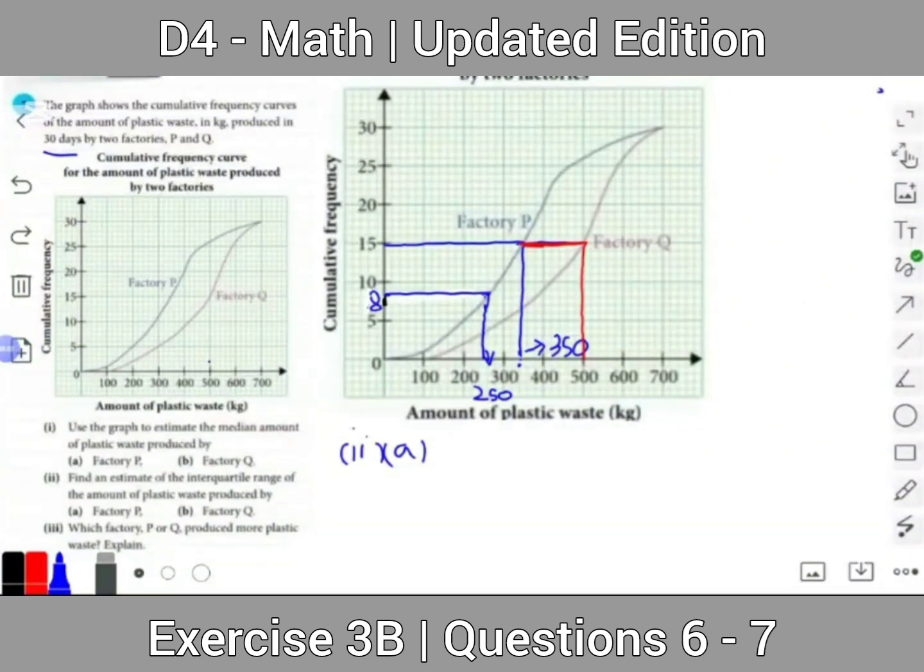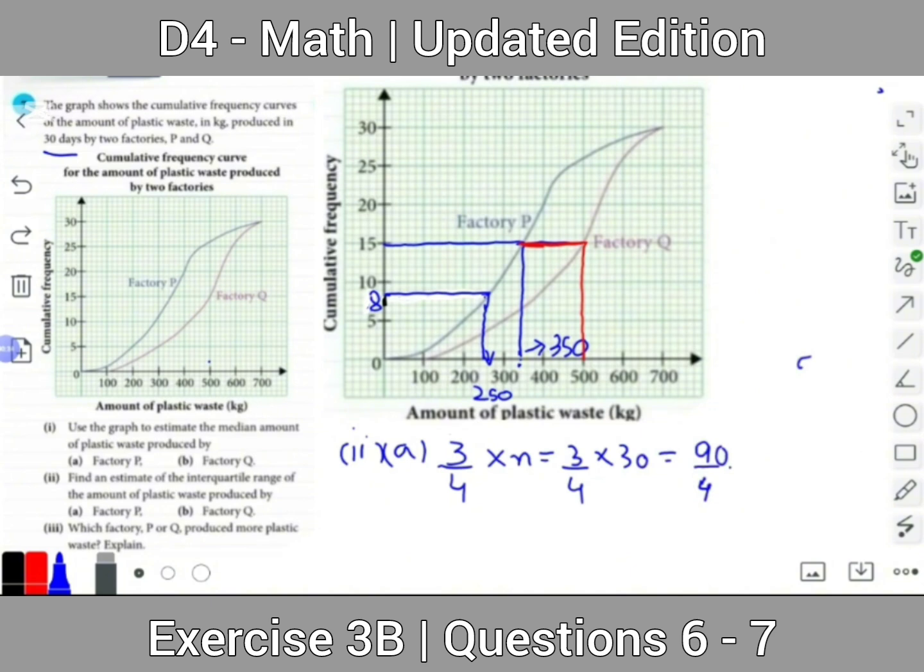To estimate the upper quartile from the cumulative frequency curve representing factory P, we find the position of the upper quartile using 3 by 4 multiplied by n. So 3 by 4 multiplied by 30 is equal to 90 over 4.